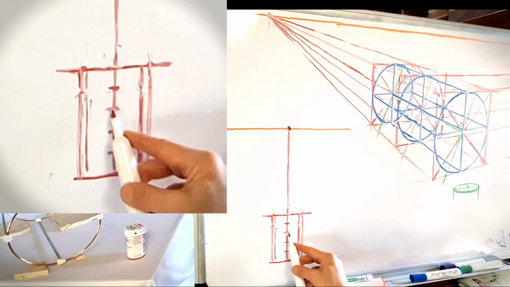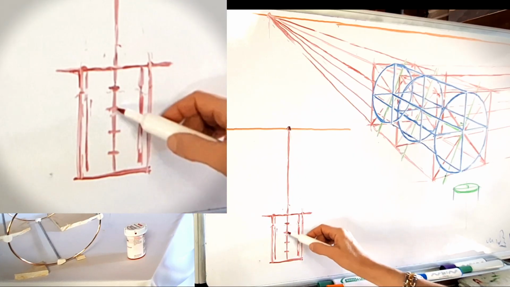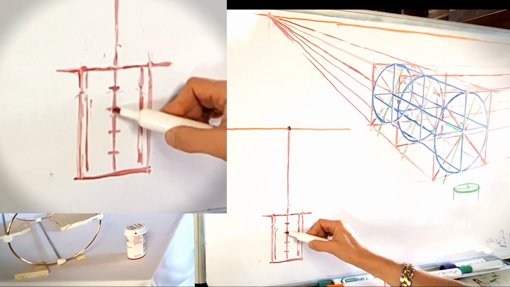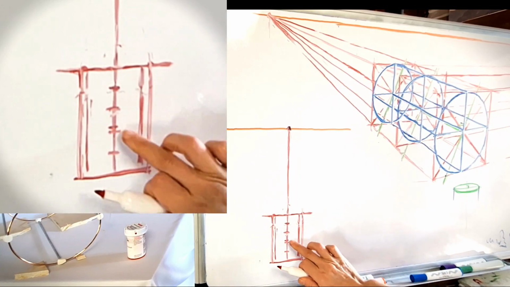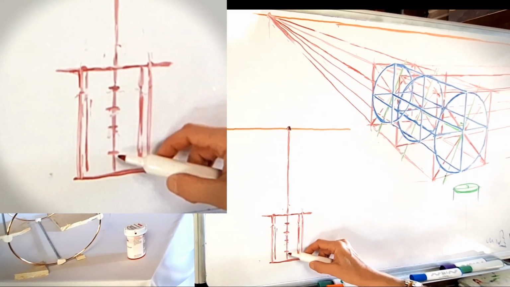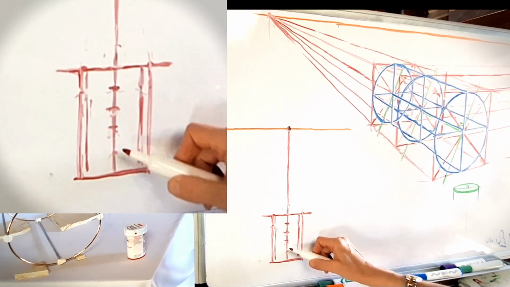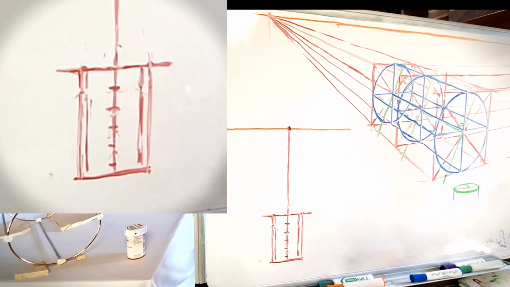So 1, 2, 3, 4, 5, and it seems like I've gotten this a bit too wide. Okay, here we go. Now it looks about the same size. 2, 3, 4, 5, and a little bit extra. I'll go for that.